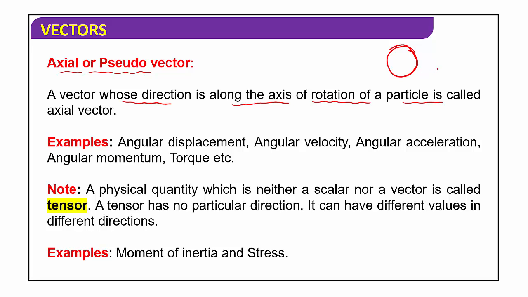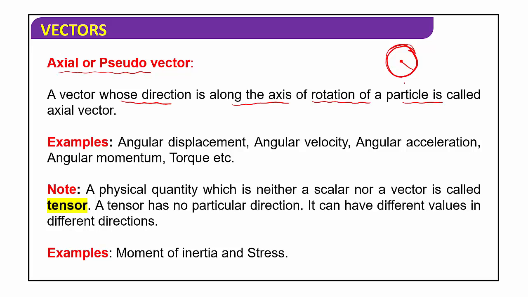Centripetal force is required, and that force is always acting along the radius towards the center. Because of this centripetal force, the object is moving in a circular path. Yes, how to define an axial vector? A vector whose direction is along the axis of rotation of a particle.